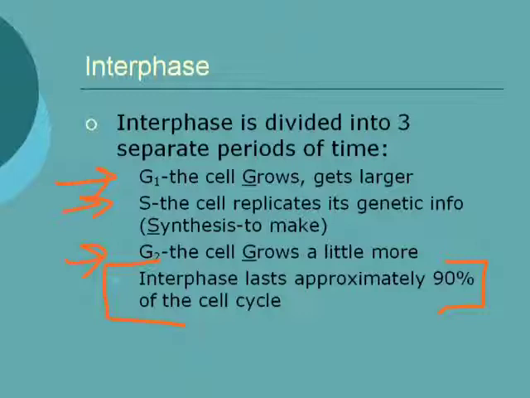So you need to remember also that this is not necessarily talking about cell division, but nuclear division, especially when we're talking about the synthesis of DNA. This is for nuclear division, the division of the nucleus. This is what mitosis is for.